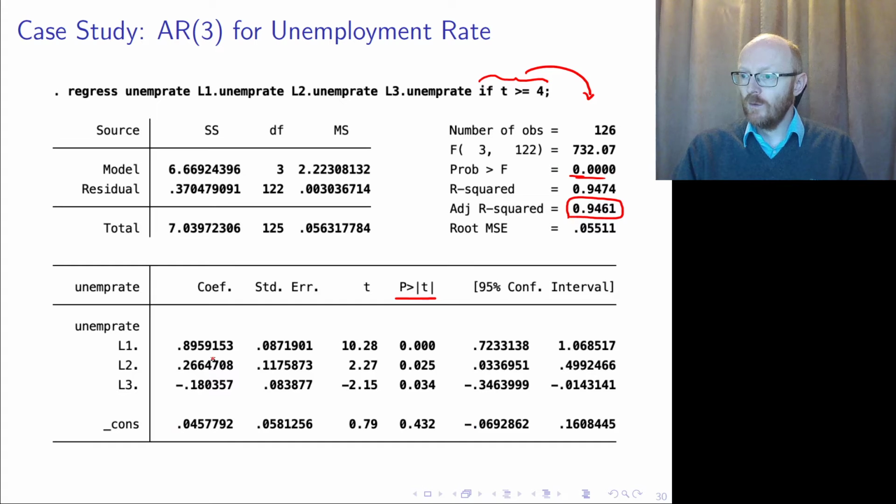But with 3 lags, it's becoming more difficult to understand the rationale behind the coefficients, right? The coefficient on the first lag is 0.89 or 0.90, the second lag is positive 0.26, and the third lag is turning negative, negative 0.18.